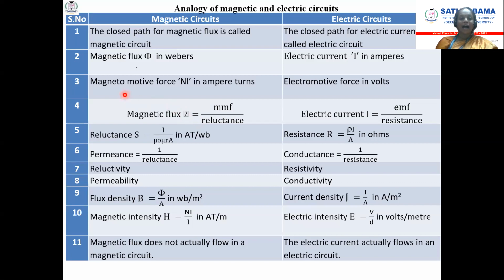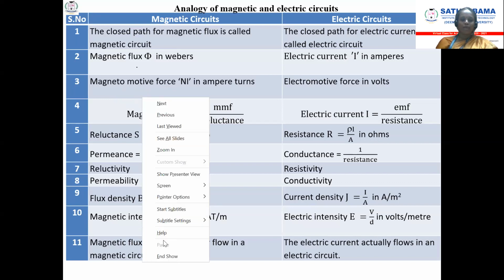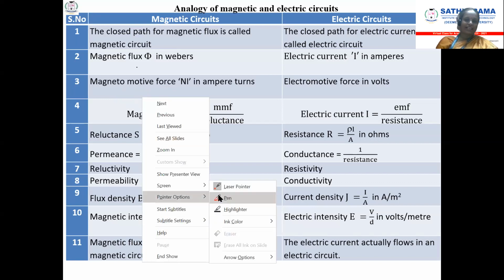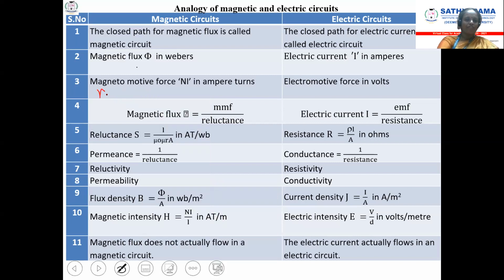Okay, magnetomotive force, NI. That's why I told you MMF. MMF is nothing but N into I, in ampere turns. Electromotive force is nothing but my voltage or potential difference, which is used to drive the electric current in an electric circuit.